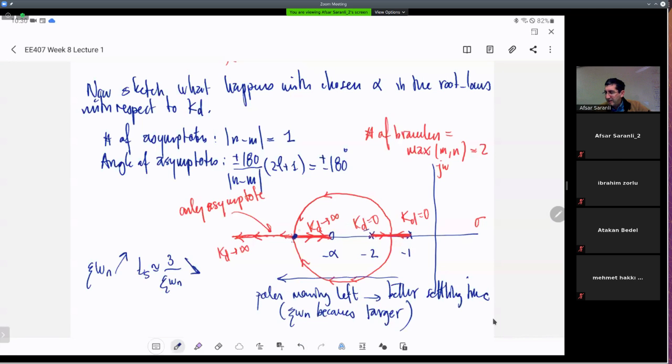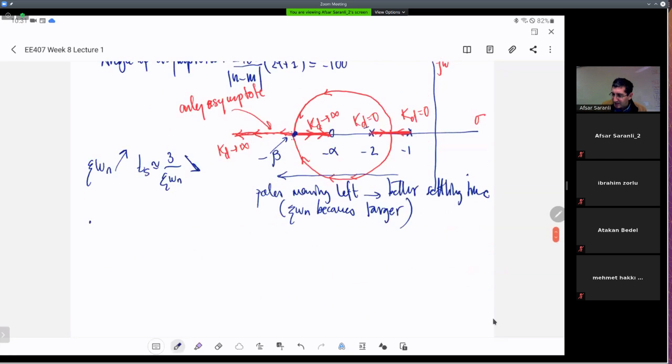Very good, right? Let's call this minus beta point. After this point, one of the poles actually starts moving in the opposite direction, increasing the dominant behavior of the poles, in the sense that psi omega n starts decreasing again for the dominant pole.